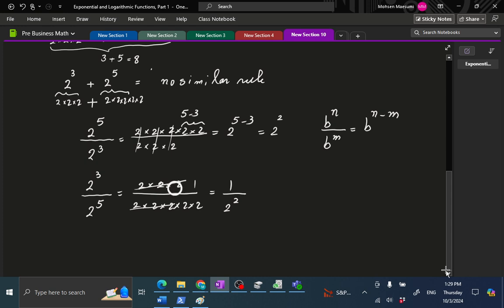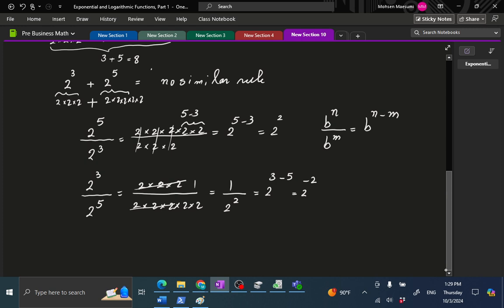However, if we weren't paying attention to how many are in the numerator and denominator, and you apply this rule, we would have written the exponent of the numerator minus the exponent of the denominator, which is going to be minus 2 now. Now, to make everything work, we interpret a negative exponent as a fraction where there's a 1 in the numerator, and we have the same exponential number with a positive exponent.